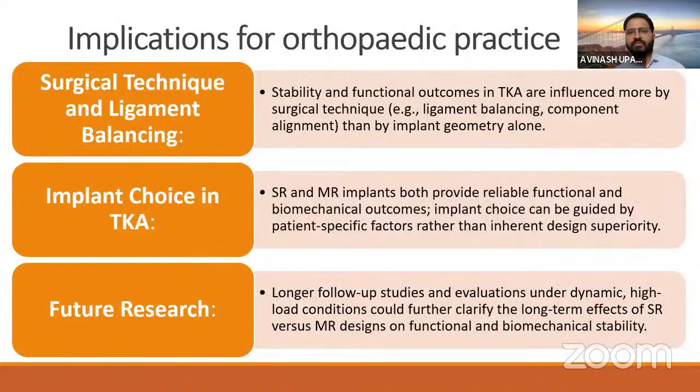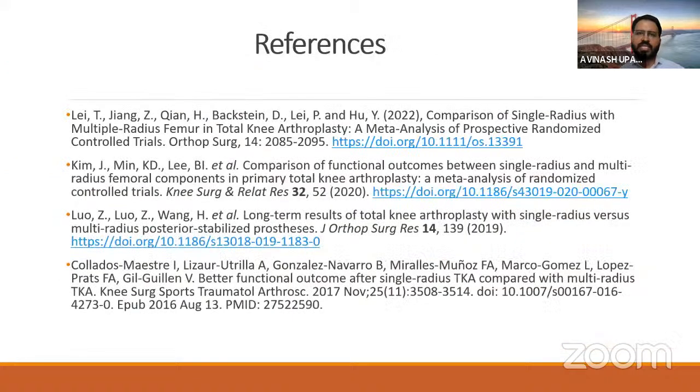So stability and functional outcomes in total knee arthroplasty are influenced more by surgical technique than by implant geometry alone. Both provide reliable function and biomechanical outcomes. But we need longer follow-up studies and evaluation under dynamic or high load conditions to compare single radius versus multi-radius designs. These are my references.